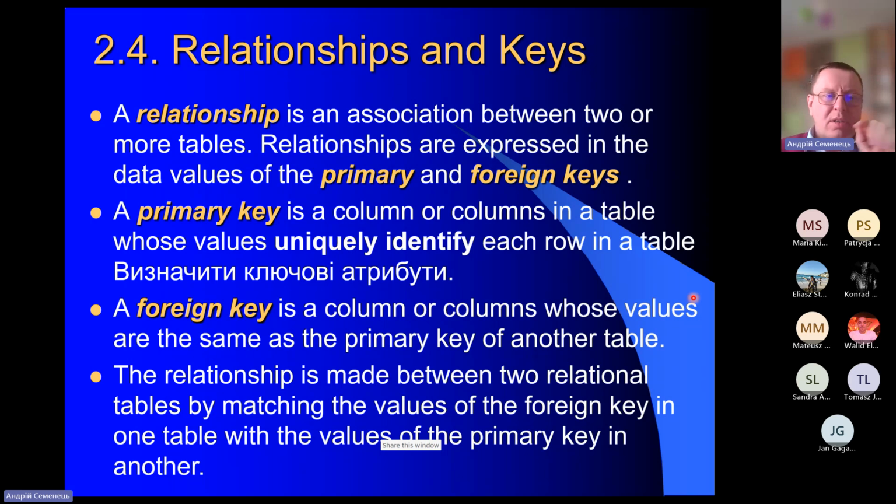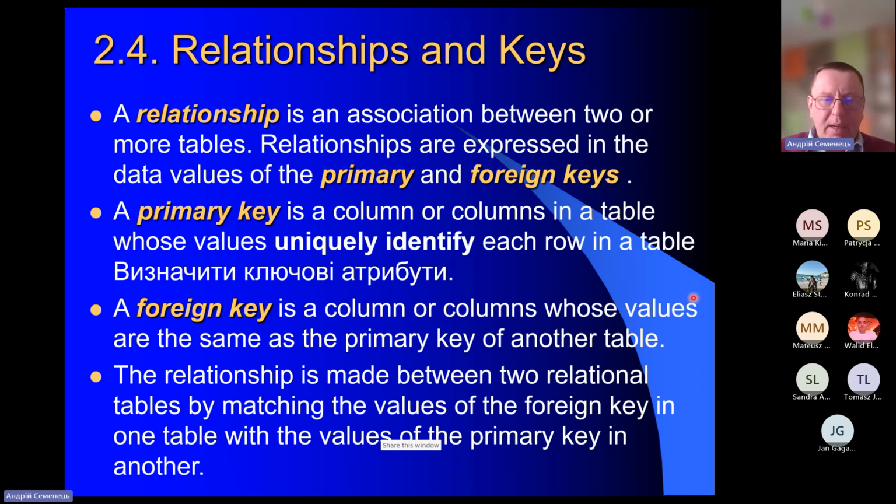We draw lines to depict the relationship. But inside the database, in the internal representation, only the values of key fields are incorporated into the relationship.